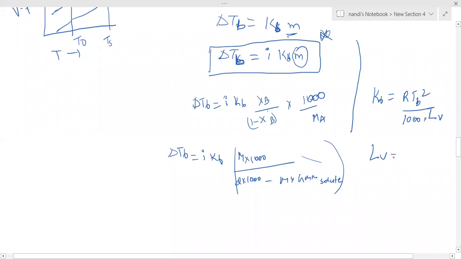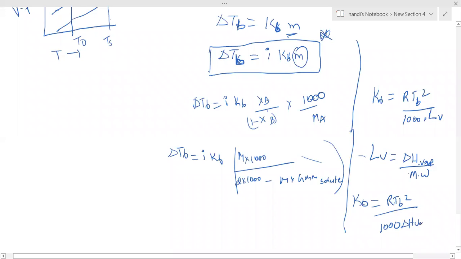So LV equals delta H vaporization by molecular weight. Then substitute in place of LV: KB equals R TB square by 1000 into delta H vaporization by molecular weight.